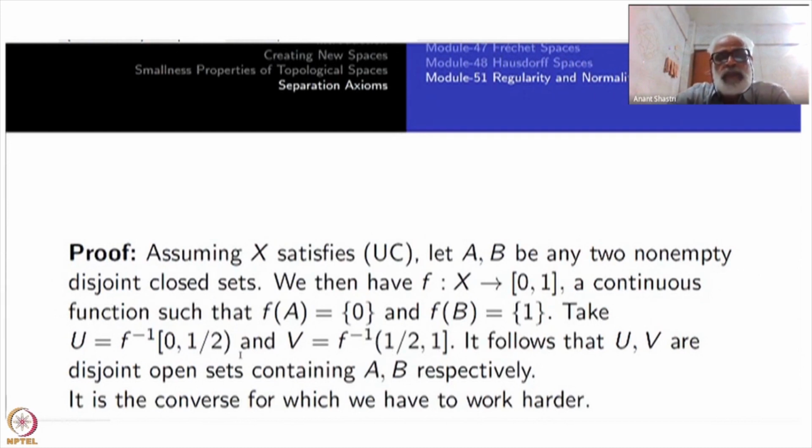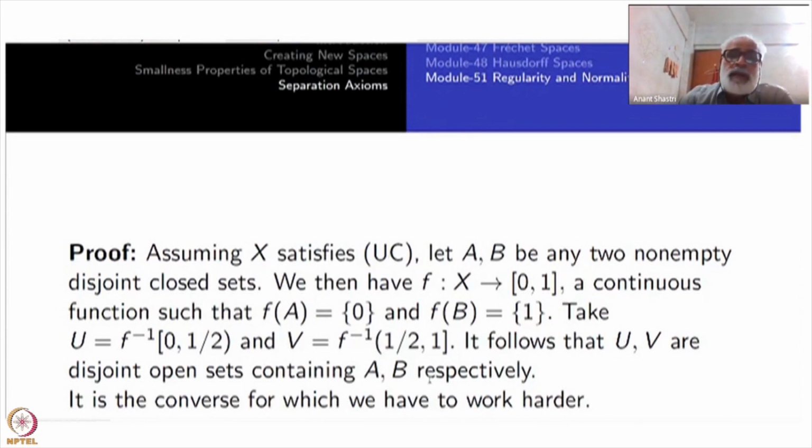Take the inverse images, call them U and V. They will contain A and B respectively. So that is the condition for Urysohn's normality. If one of them is empty, suppose A is empty, then you can take U empty and V equal to all of X. So that is obviously satisfied. There is no need to worry about that.